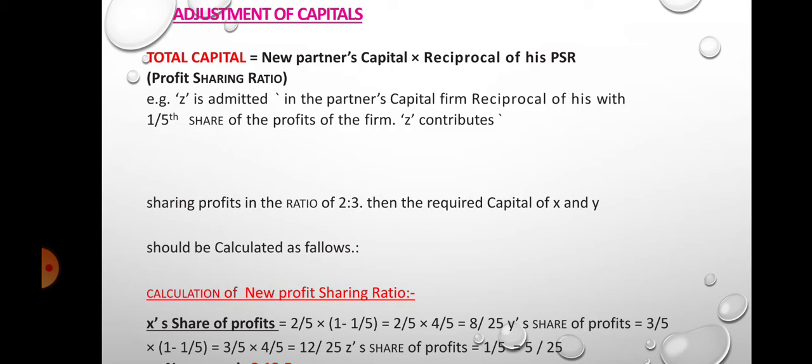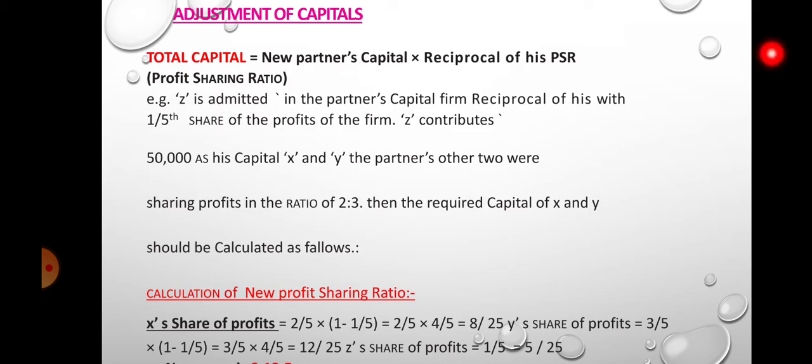Z, the new partner, contributes 50,000 as his capital. X and Y, the other two partners, were sharing profits in the ratio of 2:3. Then the required capital of X and Y should be calculated as follows.